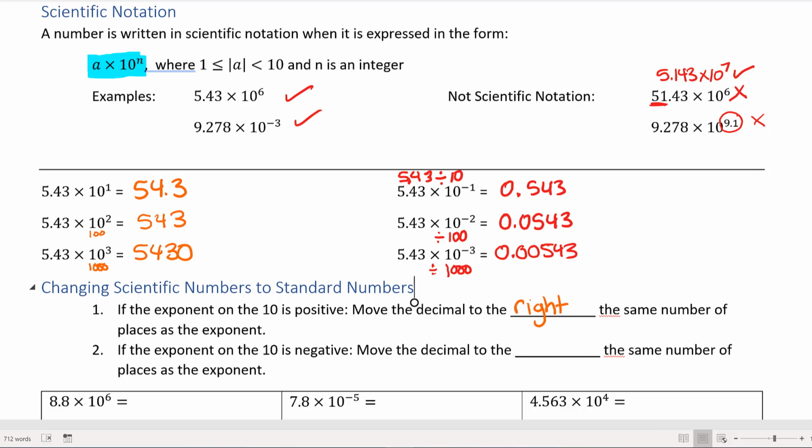If the exponent on the 10 is negative, like the examples in red on the right, then you move the decimal over to the left the same number of places as the exponent.